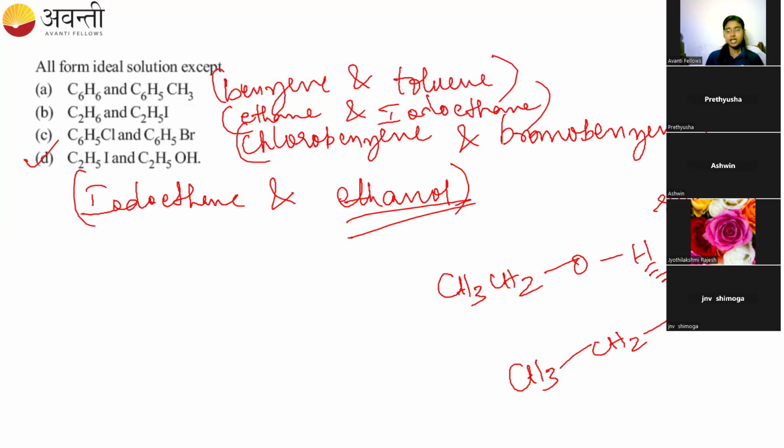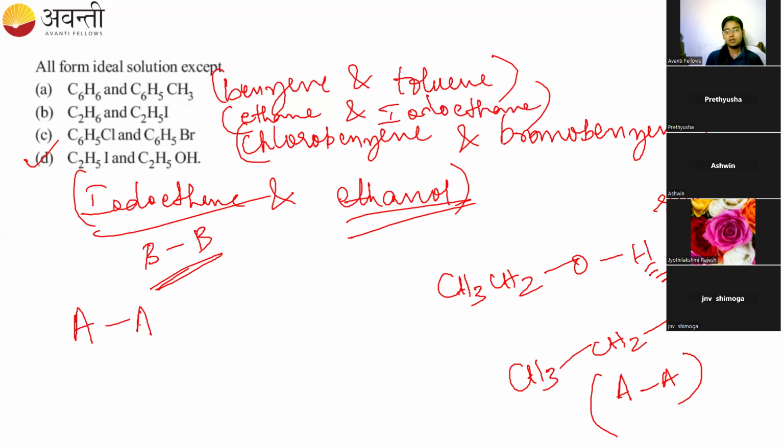So here if I take this, AA interaction is very, very strong compared to BB interaction. In that case, AA will not be equal to BB and both will not be equal to AB. So AA is different from BB and both will not be equal to AB interaction.